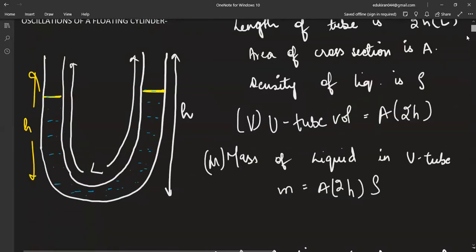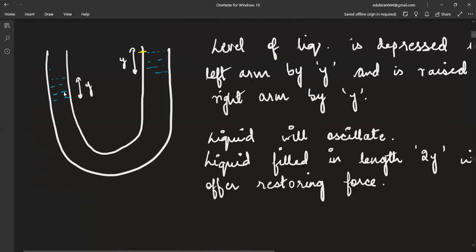This says that if the level of liquid is depressed by y amount, it will rise by y amount only. So this is what is meant by the liquid's oscillation. So it means the entire length we are referring to is 2y, y plus y.